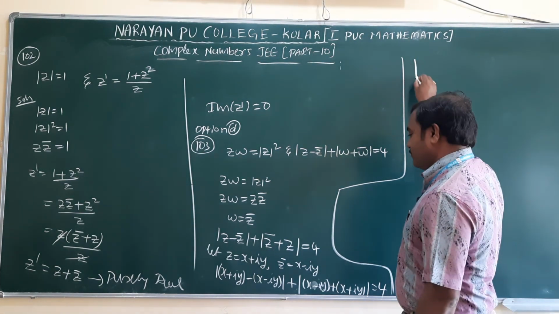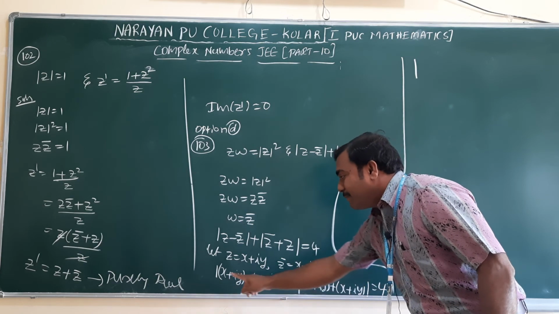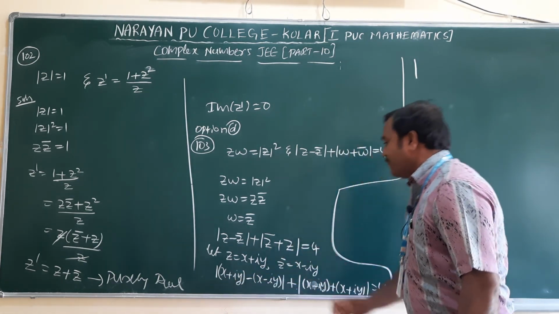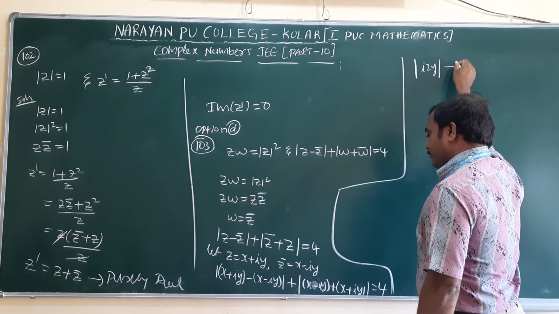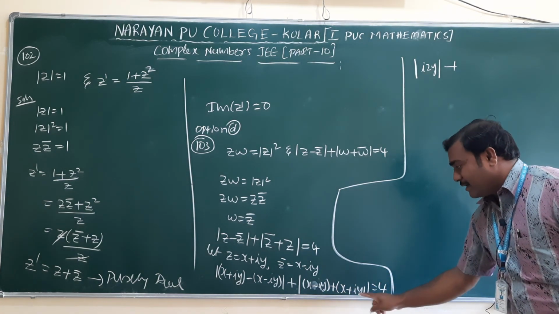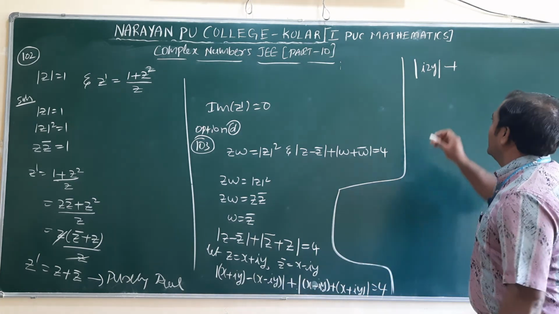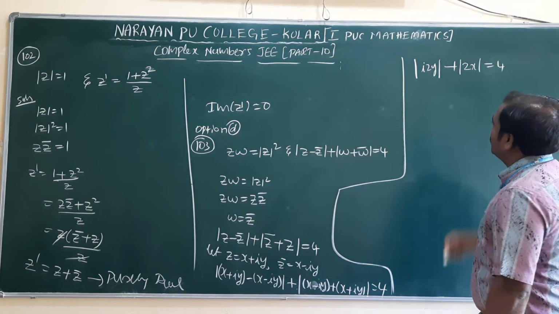In the first modulus, x plus iy minus x plus iy, the x gets cancelled, remaining iy plus iy, we are getting i into 2y. In the second, x minus iy plus x plus iy, minus iy plus iy get cancelled, remaining x plus x, 2x, is equal to 4.